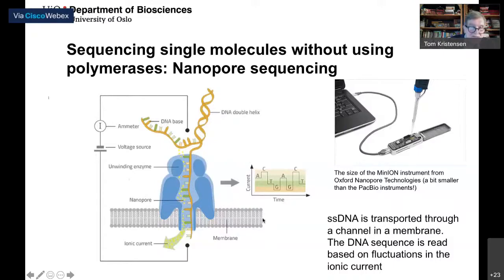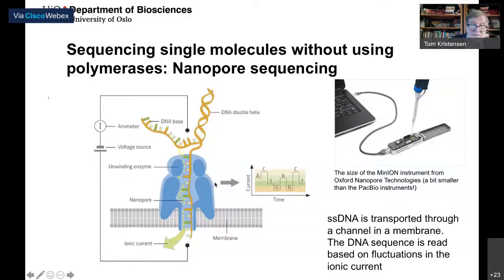This is either an artificial membrane or not even a membrane at all in some technologies that are being developed. We pass the single-stranded DNA through this pore, and we read the sequence by looking at the variation in the ionic current through this pore.